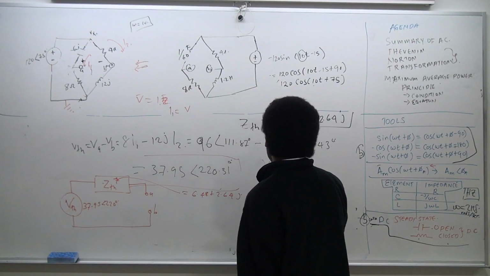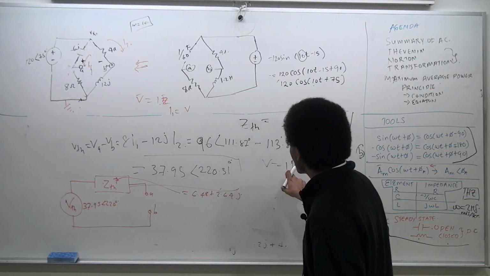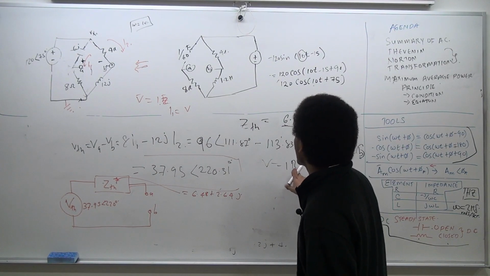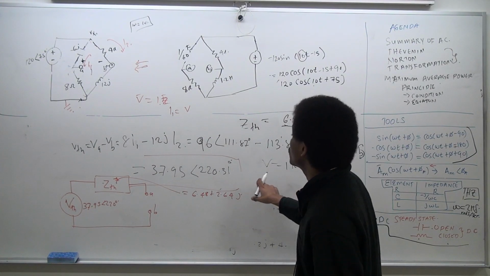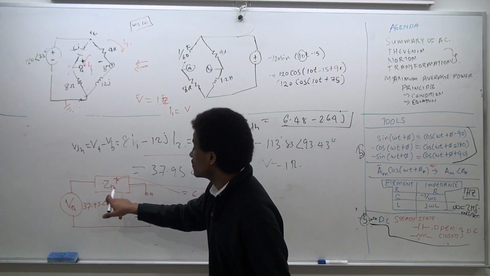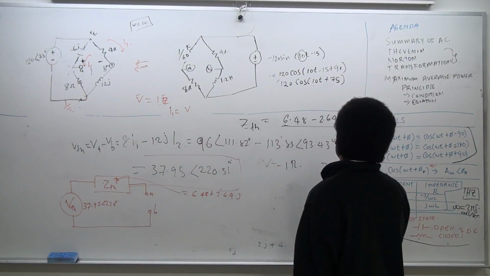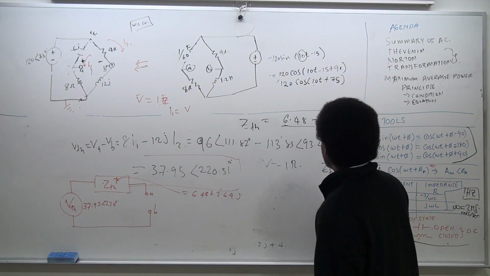The transformation technique tells us if you have a voltage source in series with an impedance, to transform it under one iteration, you would have to take the change of voltage source into a current source, and that relationship is easily using the Ohm's law. V is equal to IR. So to change the voltage source into the current source, you take the voltage source and divide it by the equivalent impedance, which in this case is going to be the Z Thevenin. So another way of saying it is Z Thevenin is indeed equal to Z Norton. They're the same thing.